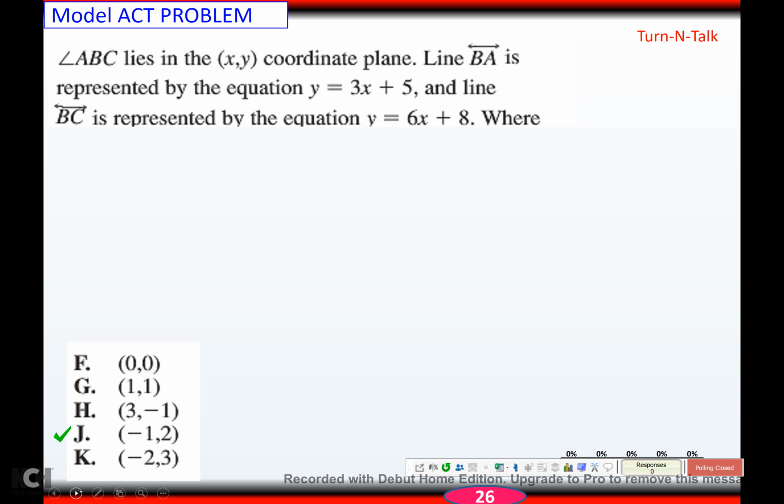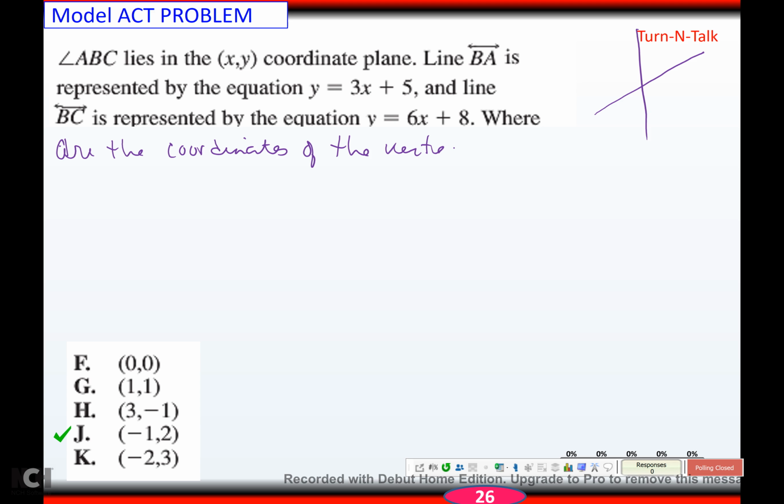Okay, angle ABC lies in the xy coordinate plane. Line BA is represented by this equation, which is going to be a line somewhere. And line BC is represented by this equation. And it says, I'm sorry I cut it off, where are the coordinates of the vertex, or where they intersect.